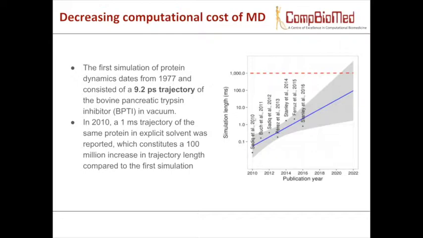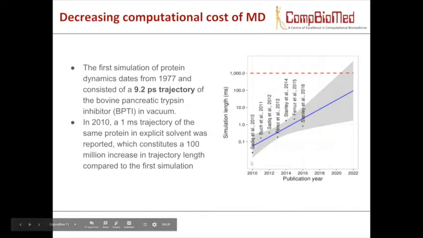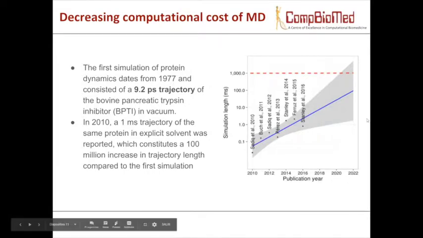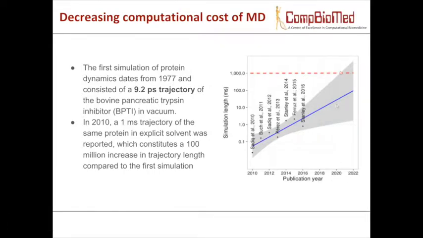So in a recent publication we made in our lab, we predicted based on different publications that we saw that the aggregate time of the total simulation length of different experiments was increasing over time, and we made this sort of prediction that by 2020 we could be able to reach the second time scale, which is really relevant for different kinetic events like protein binding or protein folding.